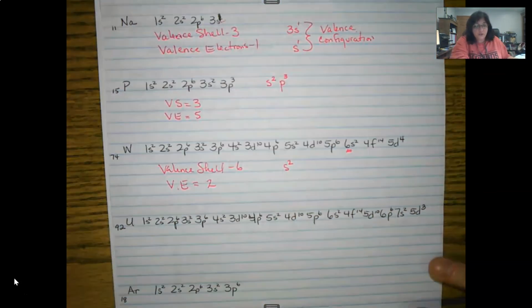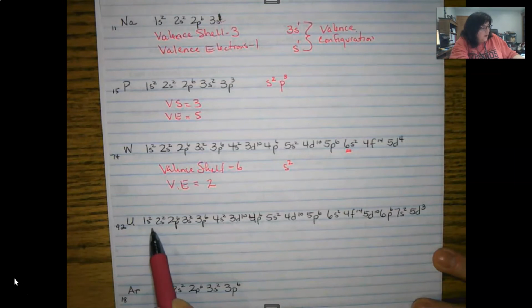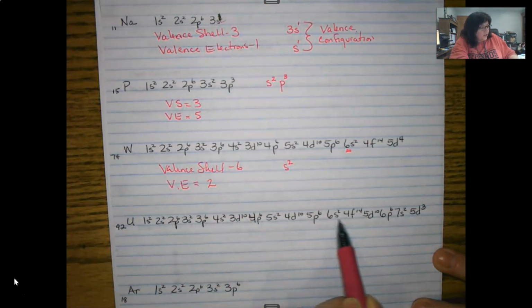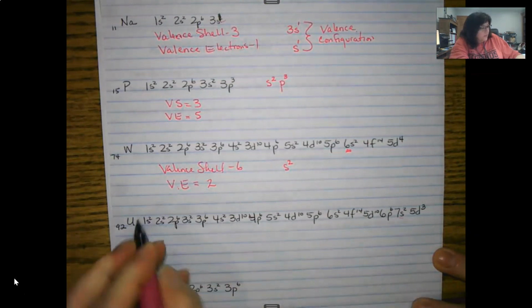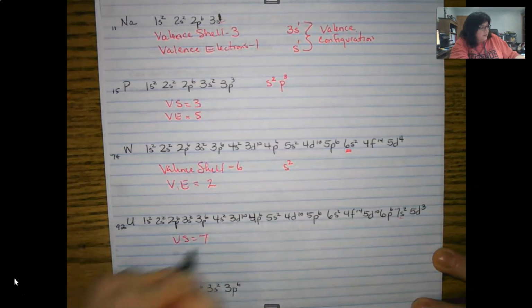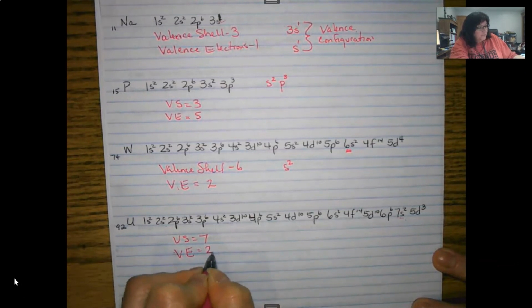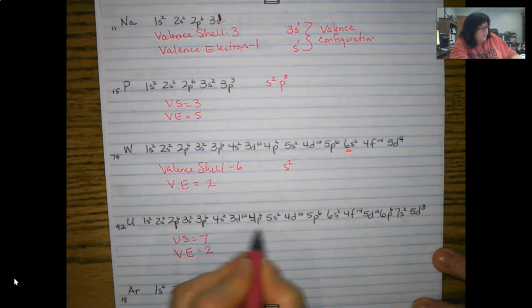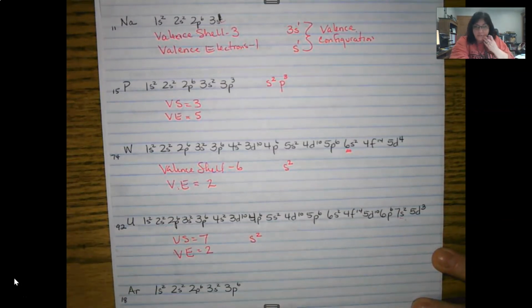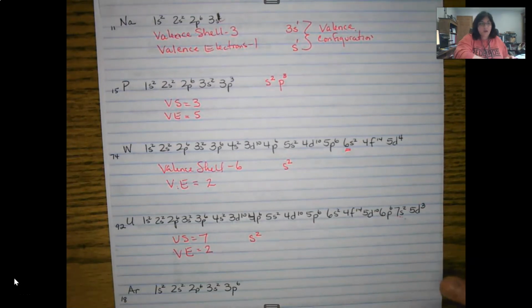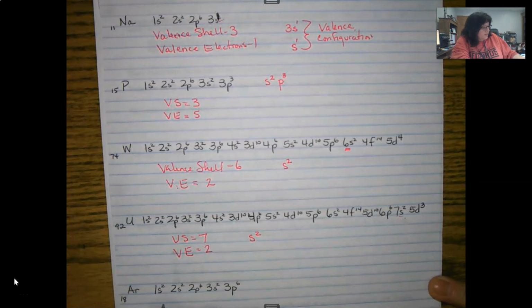If we go to uranium, again, we're going to find the highest principal energy level. Highest number is 7. So the valence shell is 7. Valence electrons, again, are 2. Valence configuration is just going to be s2. And then if I do argon, valence shell is 3.